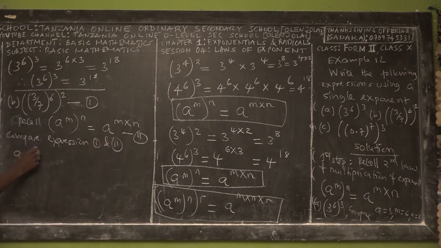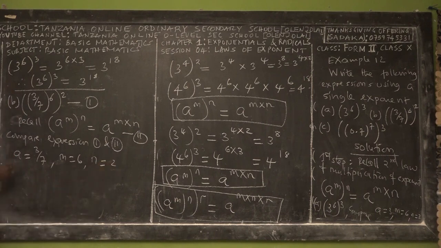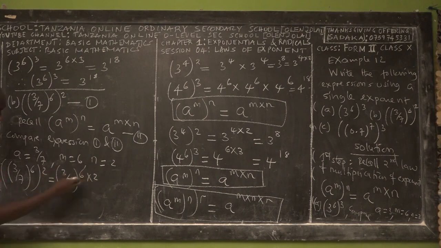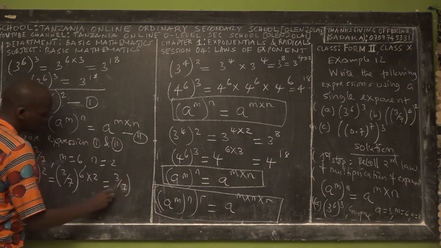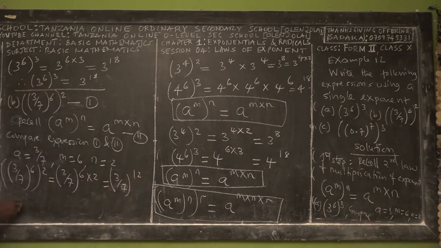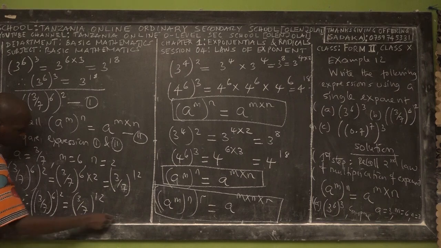A is equal to 3 over 7, m is equal to 6, n is equal to 2. So 3 over 7 power 6, then power 2, is equal to 3 over 7 power 6 times 2. 6 times 2 is 12. Therefore, 3 over 7 power 6 power 2 in a single exponent is 3 over 7 power 12.